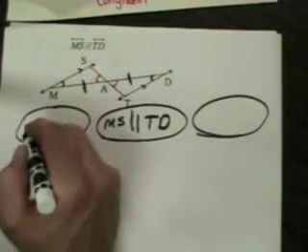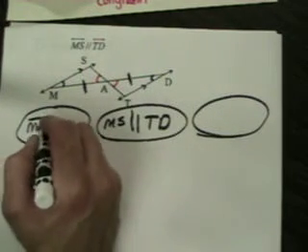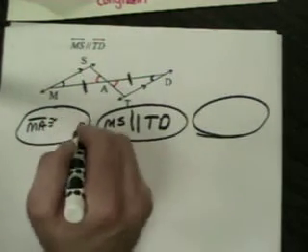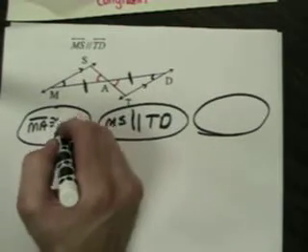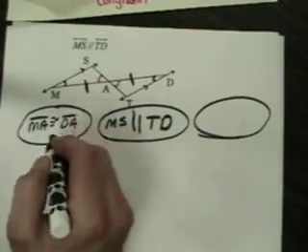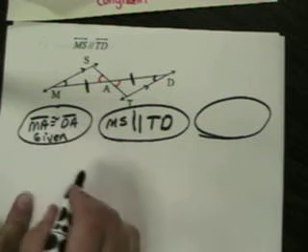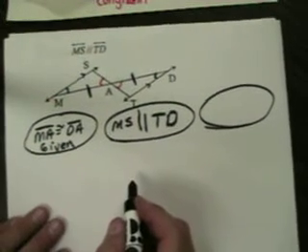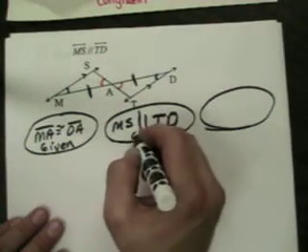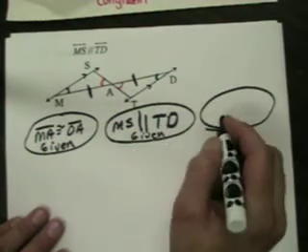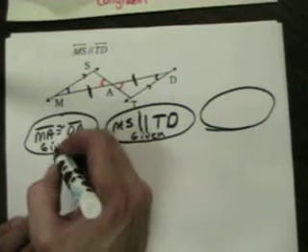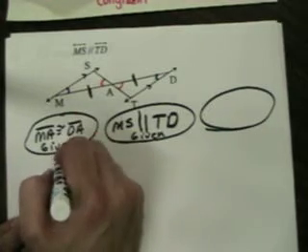They basically on the drawing gave me that MA is congruent to DA. How do I know that? It's given. Now, how do I know that this is true? It's given. And so this took care of one of my sides.